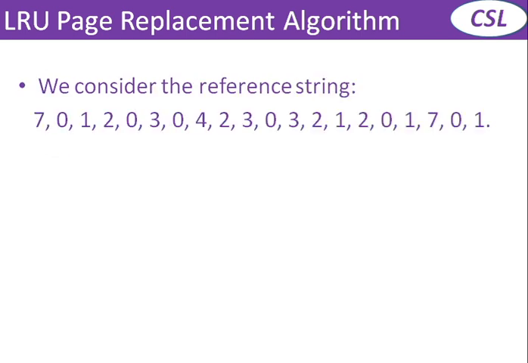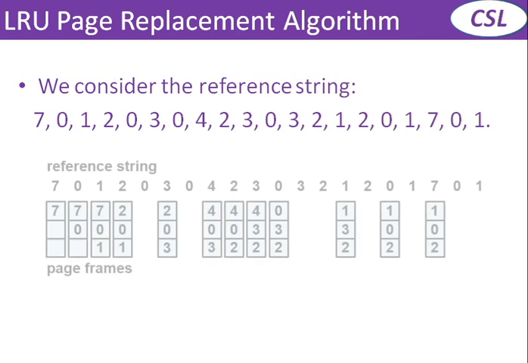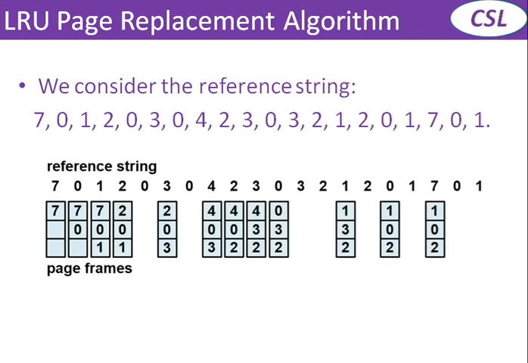Now we will understand this algorithm by taking one example. Here we have a reference string generated by the CPU, a sequence of page numbers. We have to fit all these page numbers into the available memory. Let us assume we have a memory of 3 partitions, so we can accommodate only 3 pages, and initially all these partitions are empty.